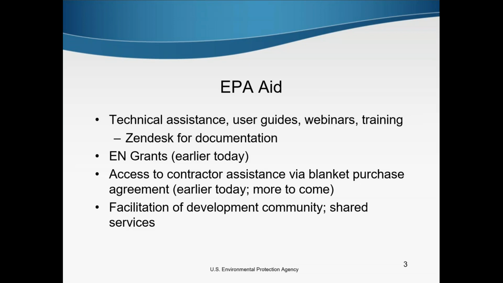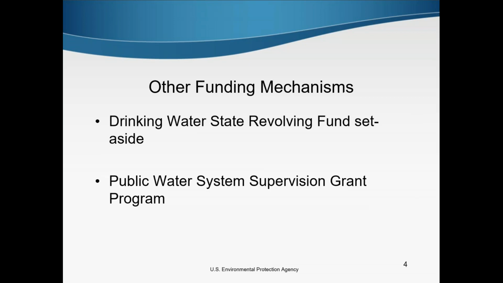And again, you'll hear a little bit more later. And then, as we were just talking about, we're really looking towards facilitating a development community and building upon shared services so that each primacy agency is able to have their own Prime experience and their needs met for their own personal business practices.